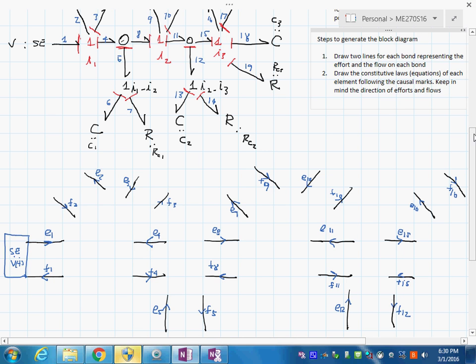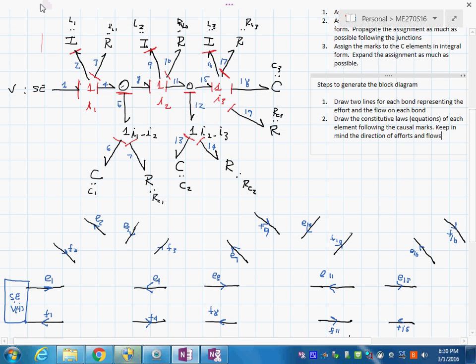You take this 1 over s and it gets multiplied by 1 over I9, and out comes F. On the right hand side over here, the flow gets multiplied by R, in this case R10, and out comes the signal like that.